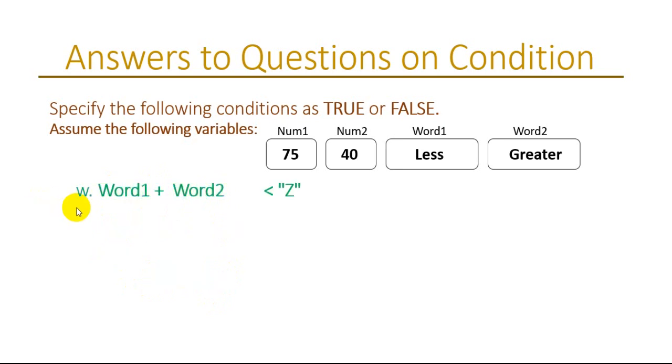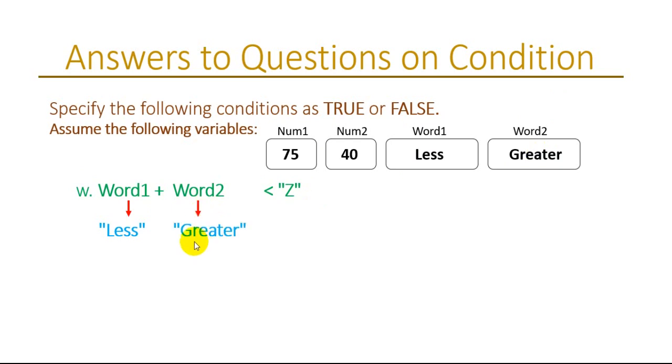Okay, then we go to the next one where we concatenate WORD1 and WORD2. There is no double quotes here, so we are referring to these two alphanumeric variables, and then we are comparing with the letter Z. So let's first concatenate these two. WORD1 contains LESS, and WORD2 contains GREATER.